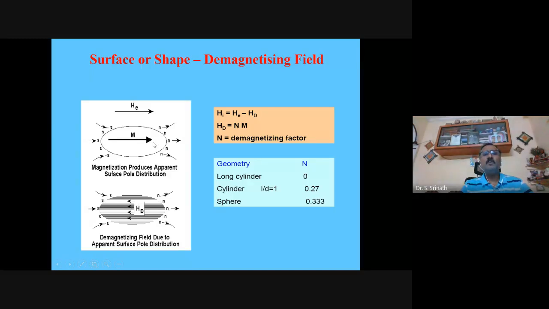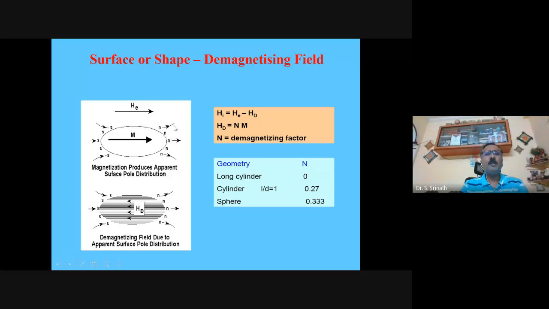I am associating the arrowhead with the north pole and the tail with the south pole, because conventionally we are used to bar magnets. Each elemental magnet, or the magnetic moment associated with the spin, can be visualized as a bar magnet, with the arrowhead pointing to the north pole and the tail to the south pole.